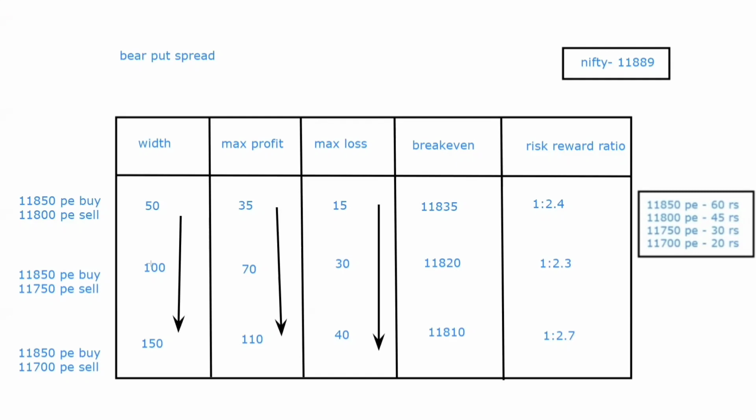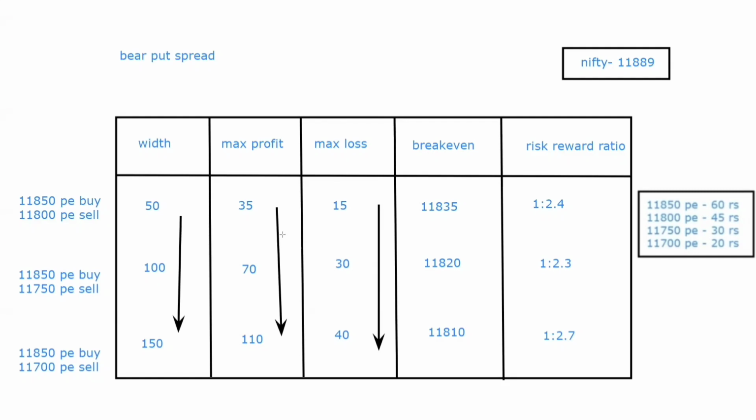So what does this mean? It means that if you increase the width of the spread, then the maximum loss increases as well as the maximum profit increases, right? If the width was 50, maximum loss was 15, profit was 35. If the width was 100, maximum loss was 30, profit was 70, right?